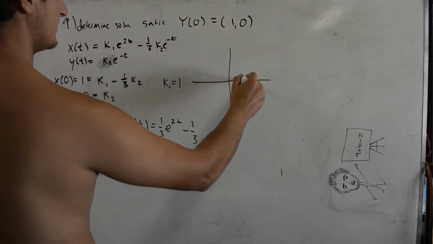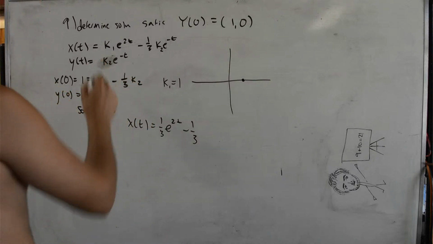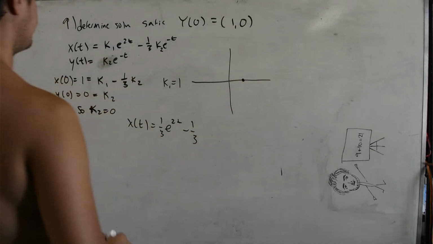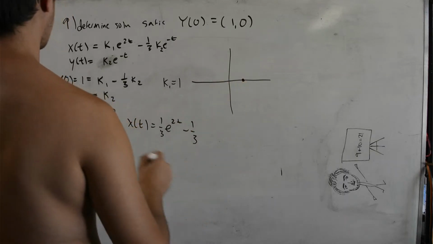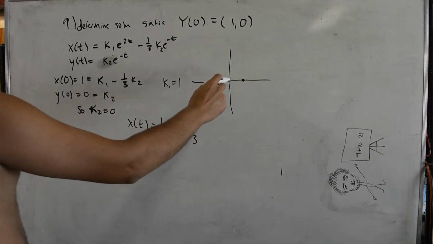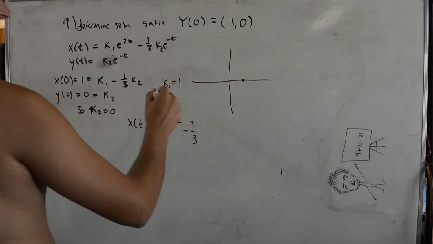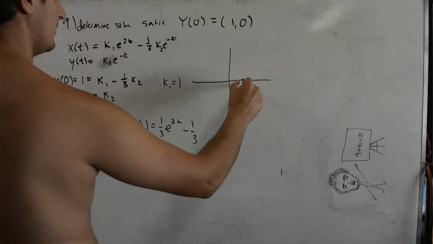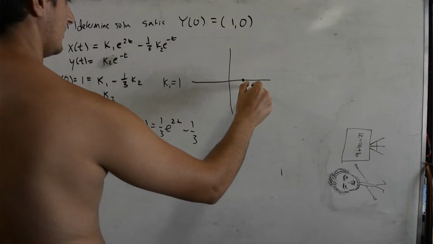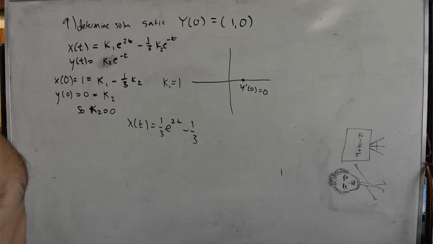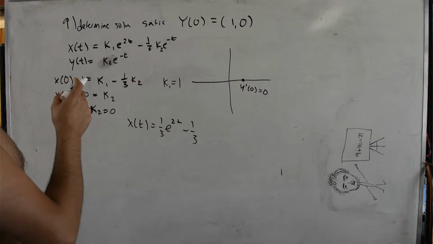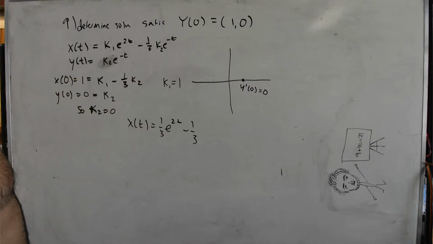Okay, so if you're at 1, 0, then y actually, since this term is, yeah. Okay. So for this initial condition, y is going to be at 0. Right. So y prime of 0 is equal to 0. All right.